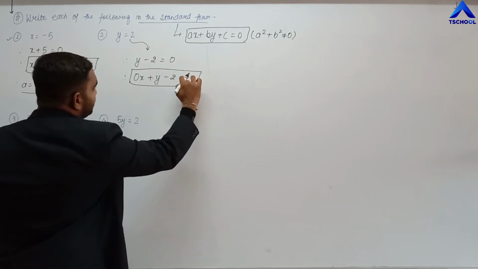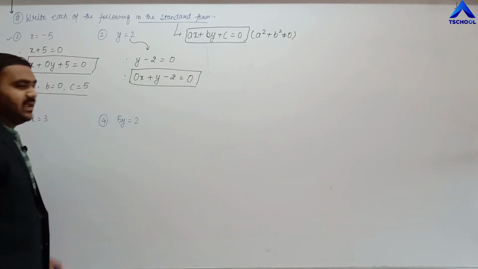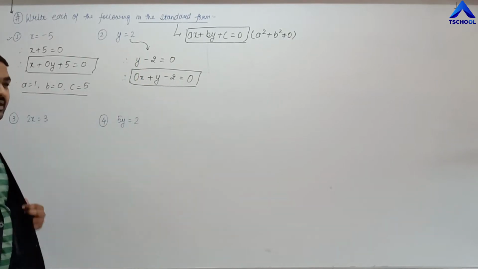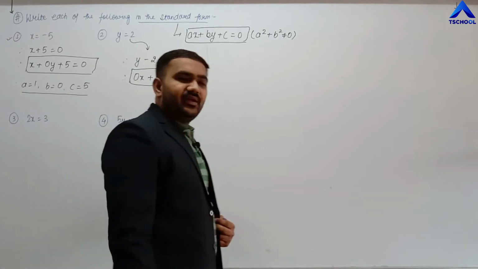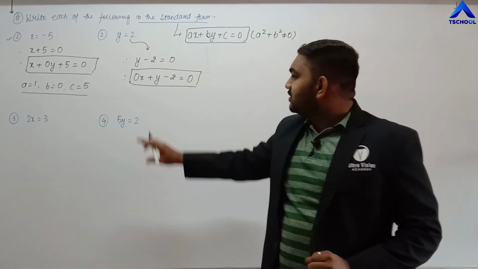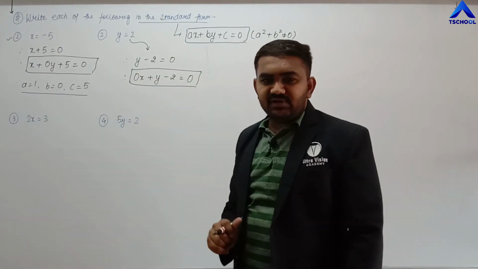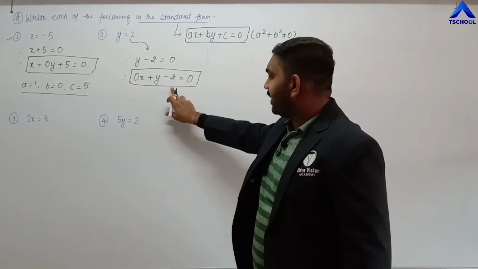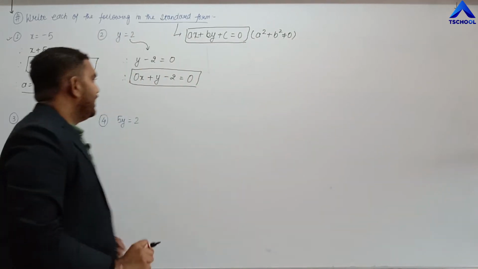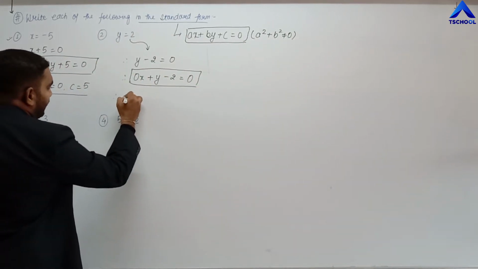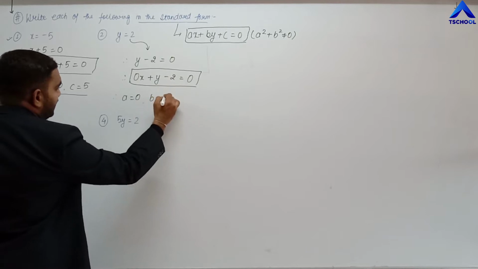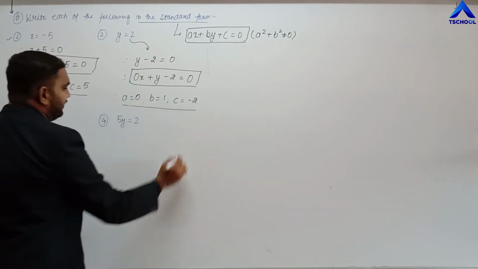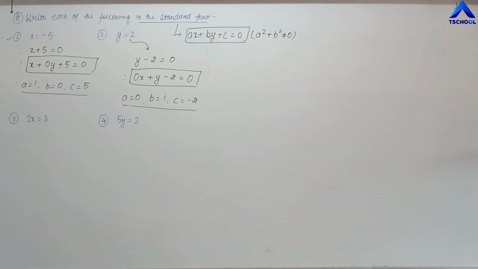In this equation friends, the variable x is not present, so we will write down the coefficient of the variable x as 0. So that becomes 0x plus y minus 2 is equal to 0. And hence we get the values a equals 0, b equals 1, and c equals minus 2.